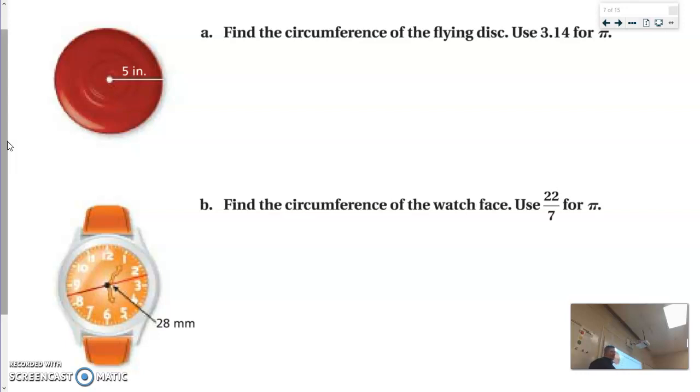Okay? Now, I do want to show you this. If I use 3.14 times 28, who's got a calculator? Multiply 3.14 times 28. 87.92.